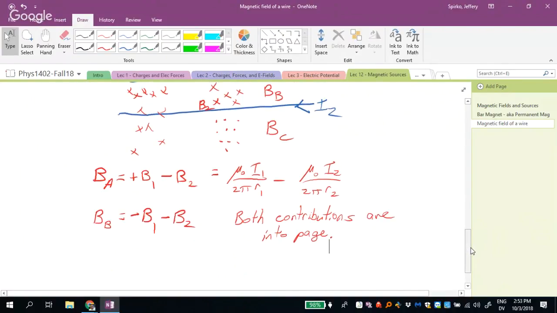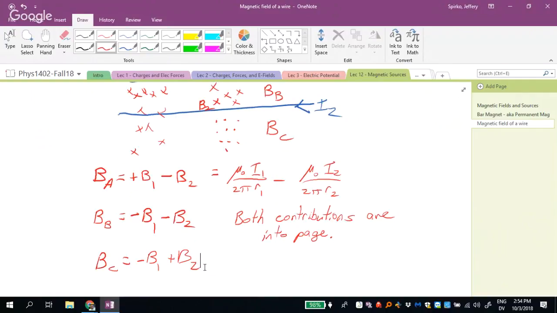And then in region C, B in region C is a negative B1 plus B2. Because B1 is into the page here, B2 is out of the page. And they would tend to cancel each other out.